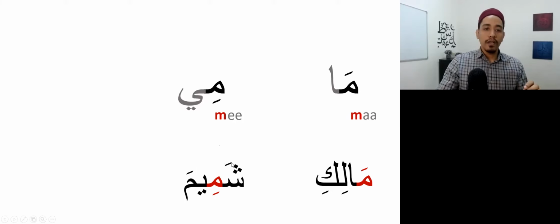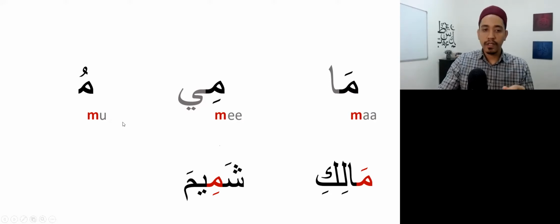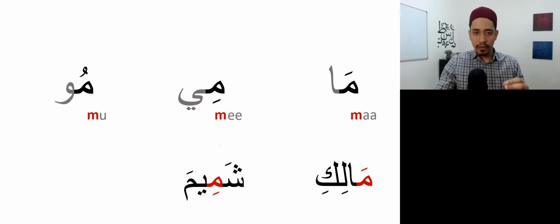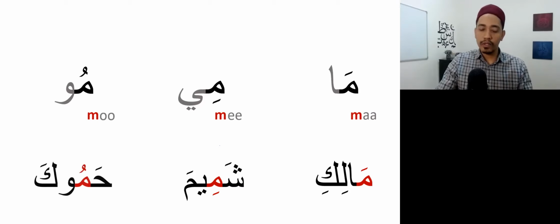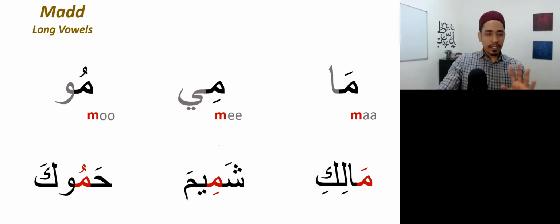If we want to extend the dhamma, we have mu, we want to say moo, we add the waw mad, which extends the dhamma from u to oo. For example, hamuka, which actually means in-laws, your mother-in-law, father-in-law. So this is the mad.